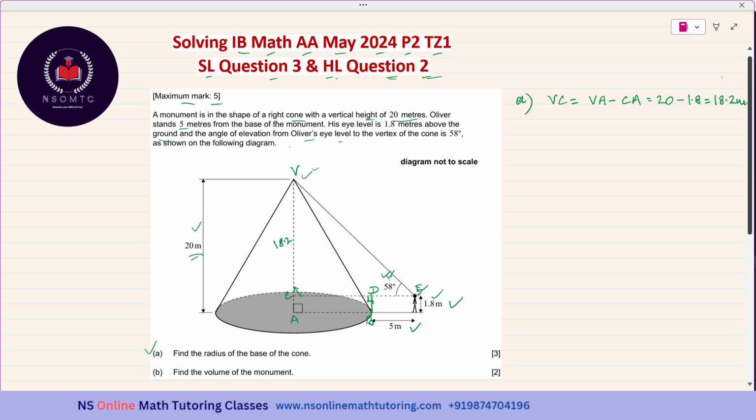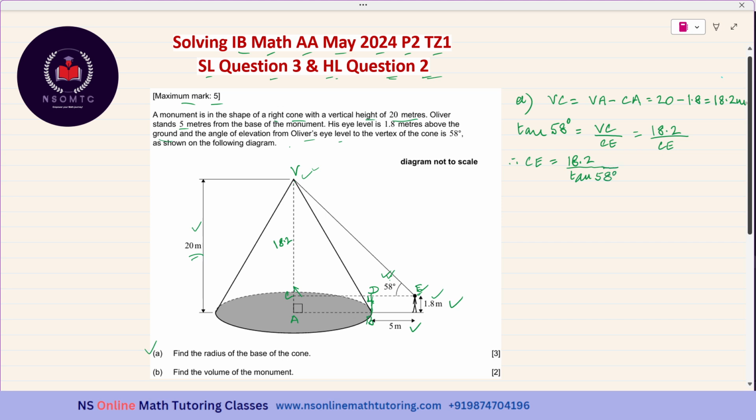Therefore, tan 58 degrees is equal to VC over CE. And this is equal to VC, I know, 18.2, over CE, which I do not know. Therefore, CE should be equal to 18.2 over tan 58 degrees.